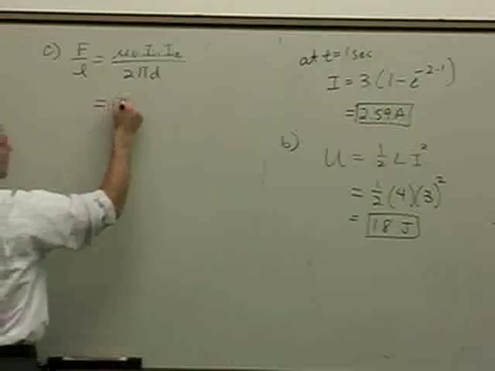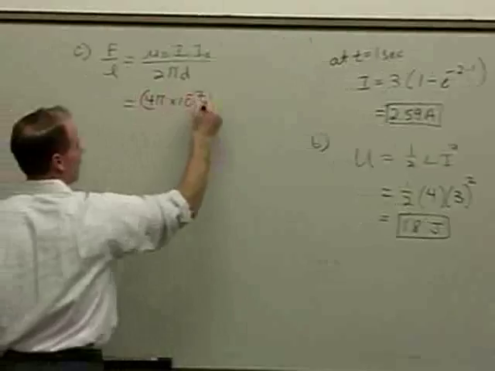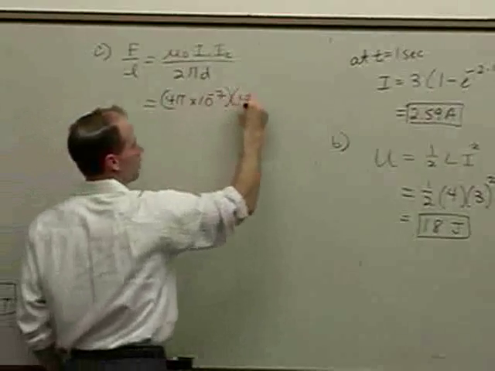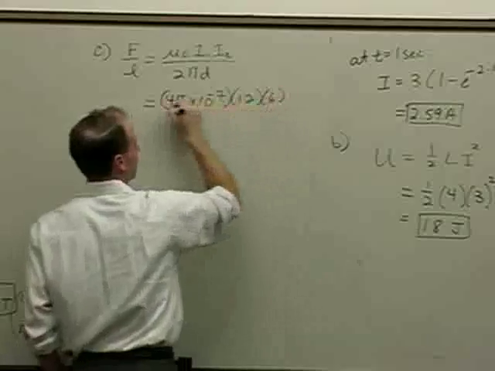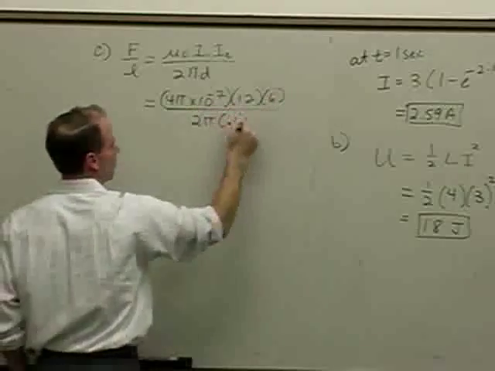So the force per length in this case would be 4 pi times 10 minus 7, our famous mu naught constant, times 12 times 6 over 2 pi times d, which is 0.1.